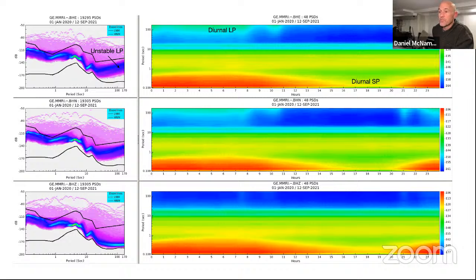And so again, this is a fairly typical looking station that is okay, but probably could be improved with a little better vault construction or possibly a post hole type construction. If you remember the examples I showed from the GSN last week, the post hole sensors looked almost as good as the boreholes. So you don't need to go very deep to get considerable improvement in the long periods and short periods. Okay.